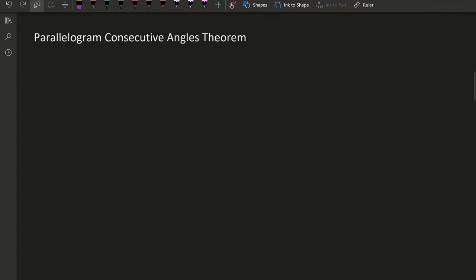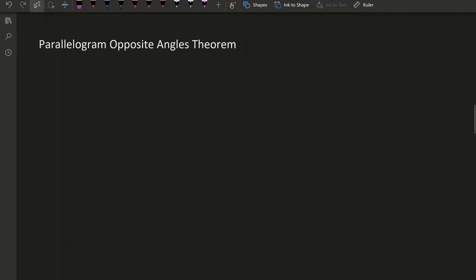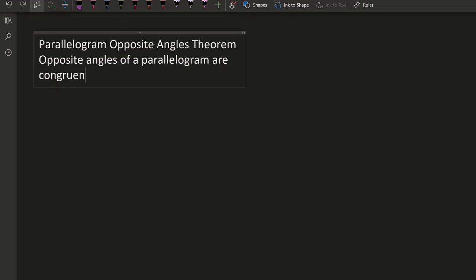And that is simply: any two consecutive angles in a parallelogram are supplementary. Following that up with the parallelogram opposite angles theorem: opposite angles of a parallelogram are congruent.